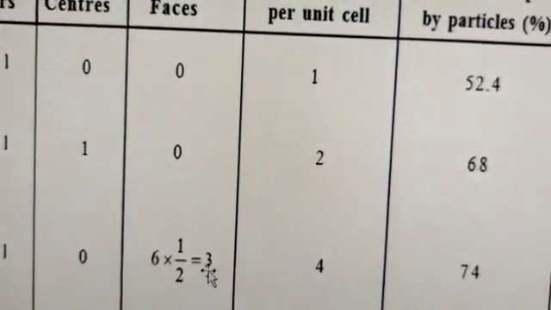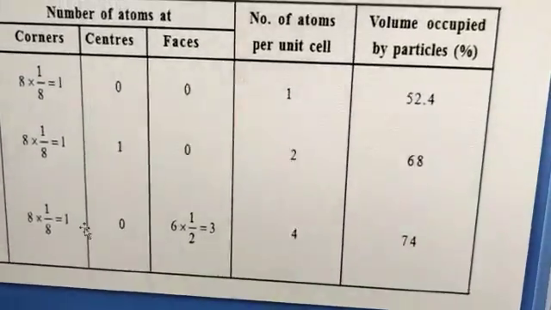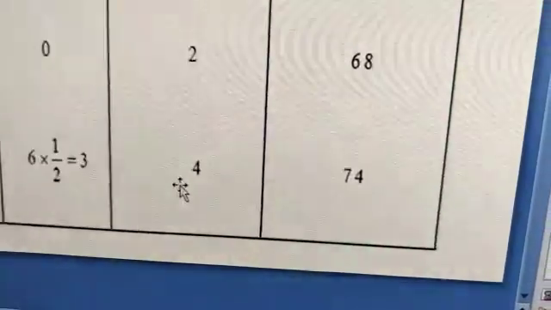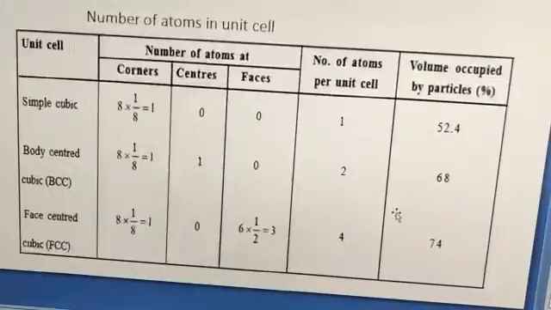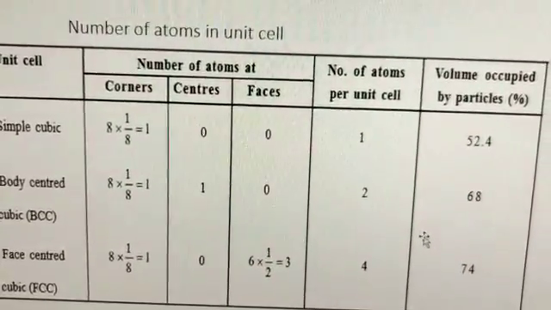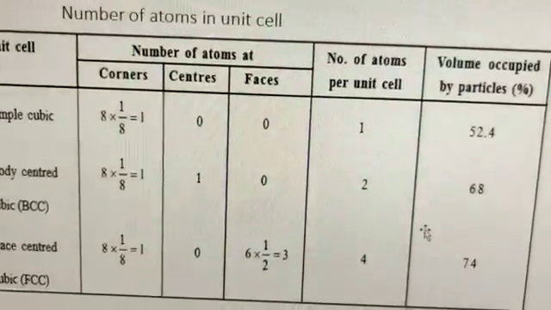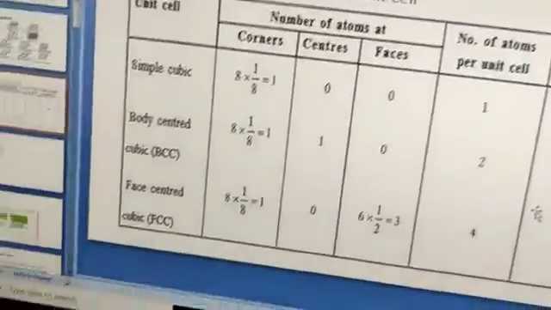So the calculation will be 3, and the total number of atoms equals 1 plus 3, that is 4, and the volume occupied is 74%. Okay. In the case of all these 3 unit cells, the number of atoms per unit cell in the simple cubic is 1, in the body center 2, and in the face center it is 4.